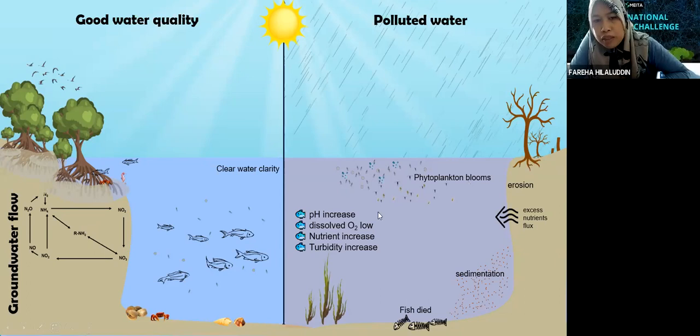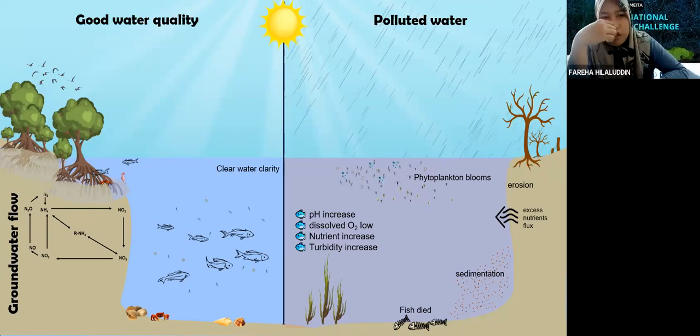The phytoplankton is the basic component of the food web in the ecosystem. So the phytoplankton will bloom, and if the bloom is caused by toxin species, harmful algal blooms, it will affect our ecosystem.